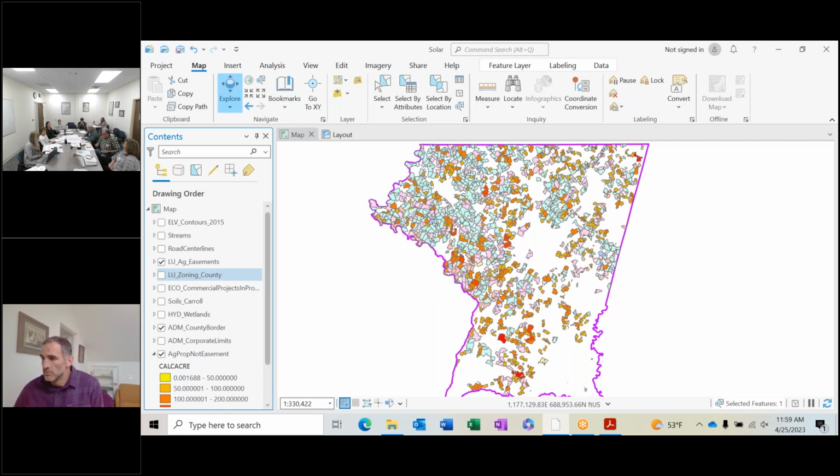Listen, I've seen too many times where all these trees are planted and berms and all that, it turns into a nightmare, and it's hard to keep up. We are trying to lessen the impact on the ag land, but we're also trying to lessen the impact on the people that are living around these right now.